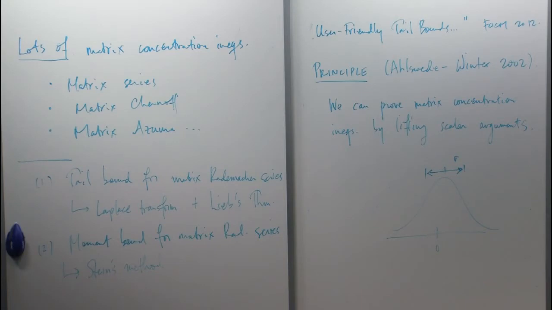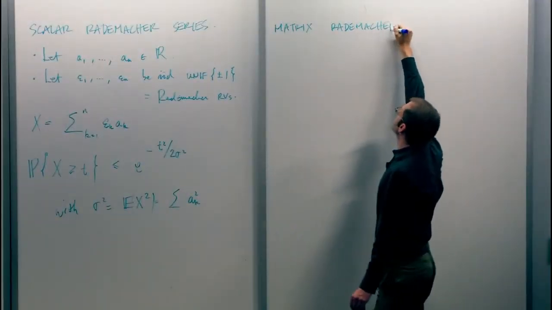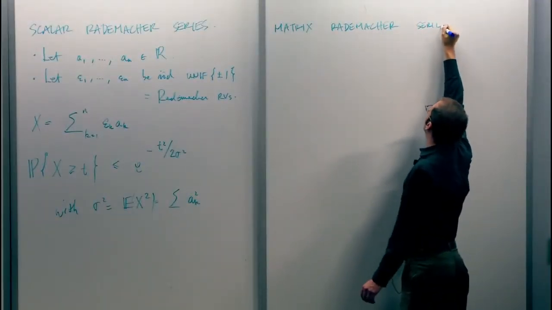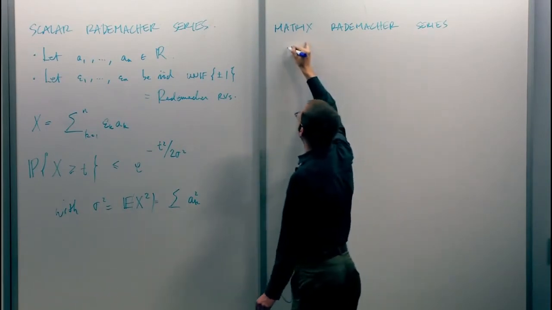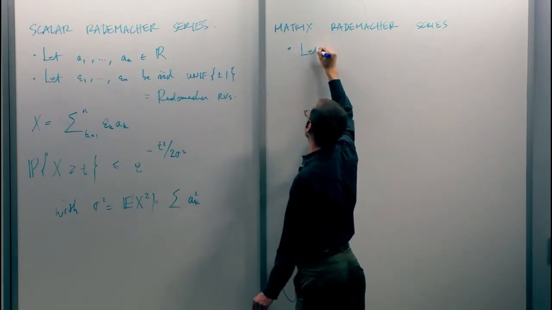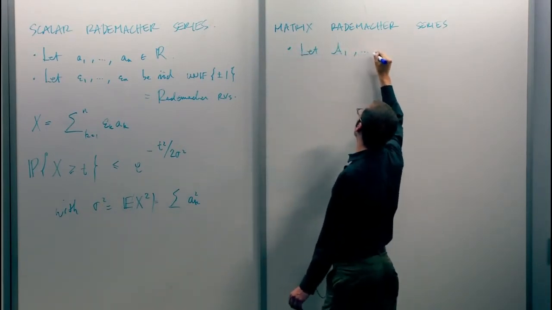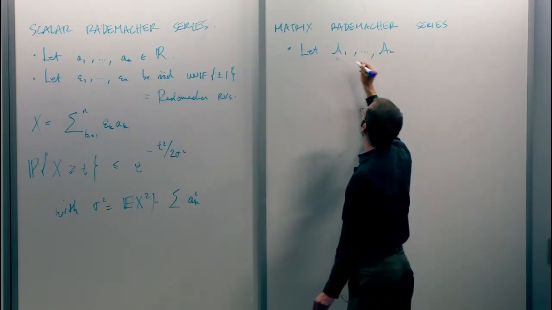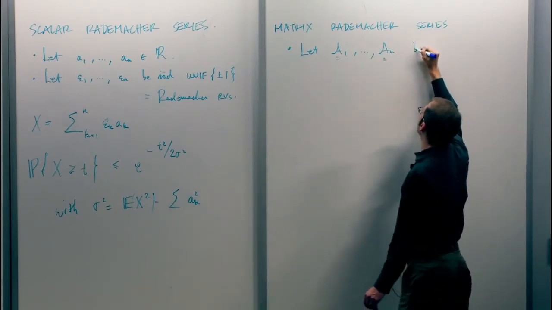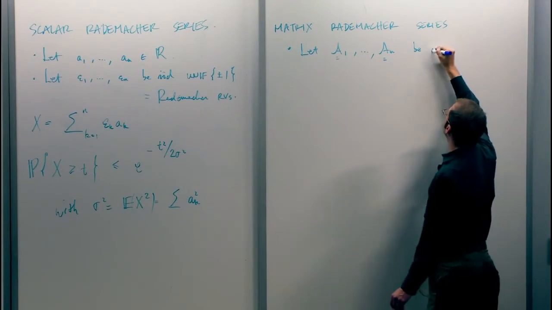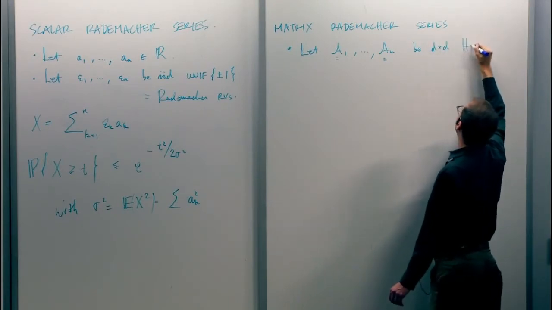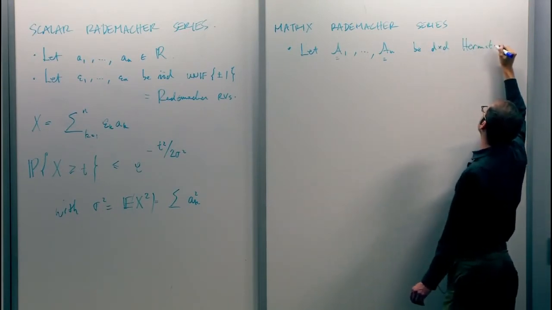Now, what's a matrix Rademacher series? It's a simple extension, but instead of scalar coefficients, we're going to have matrix coefficients. So we're going to let a1 up to an be d by d Hermitian matrices.